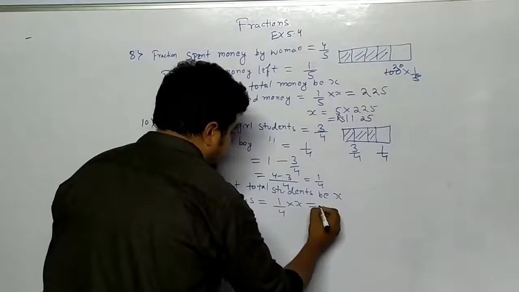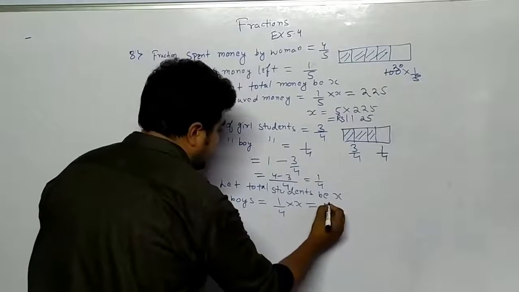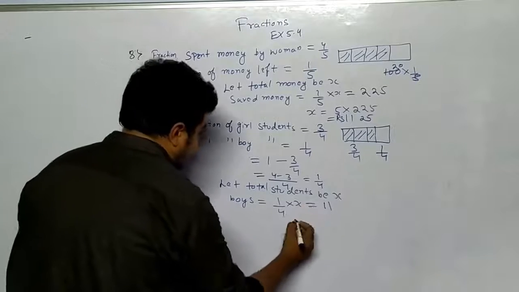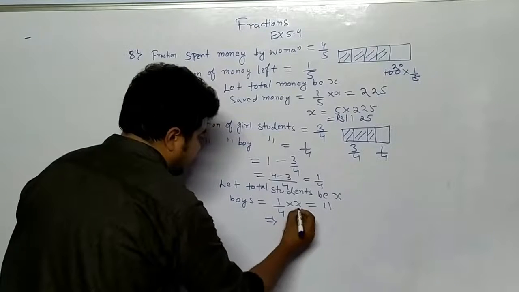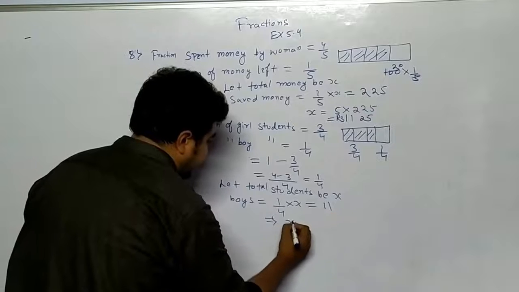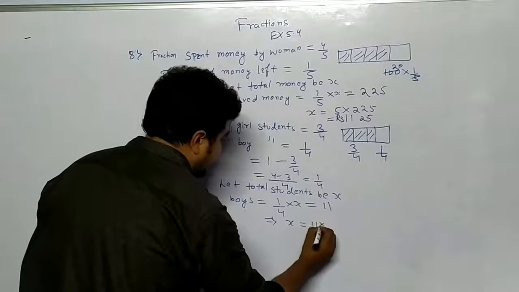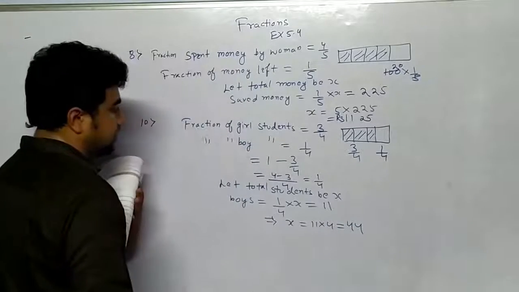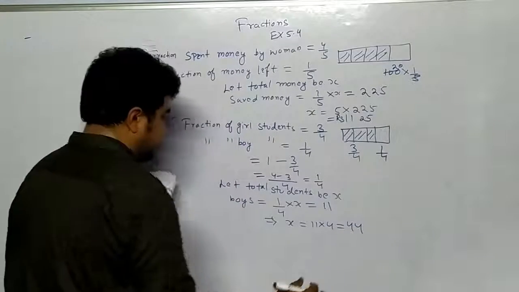But in the question it is given that it should be equal to 11, because there are 11 boys. So I have to equate here, and X will be equal to 11 into 4, which comes out to be 44. So this is the total number of students.